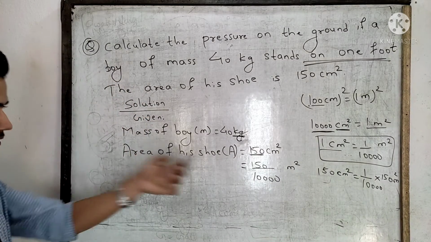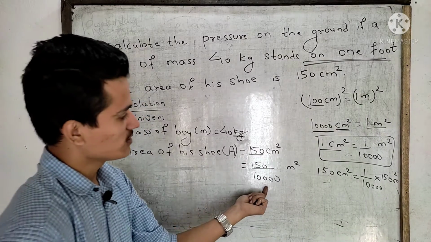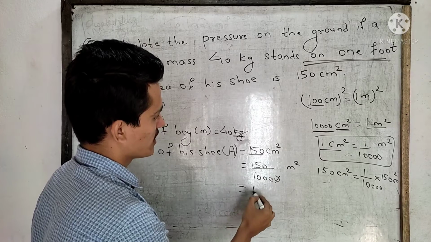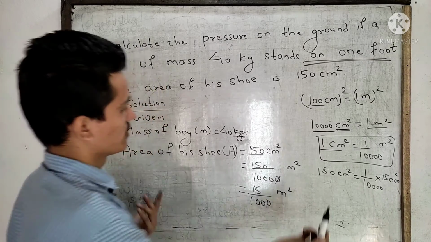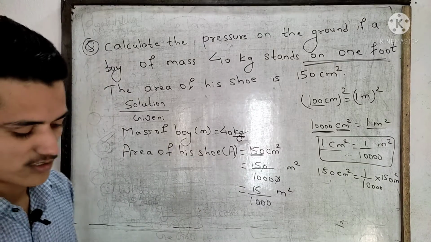This much cm square is equal to this much meter square. One zero cancels out, 15 by 1000. The area has been calculated in meter square.